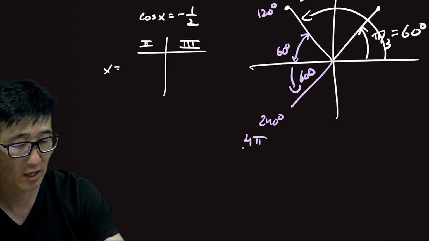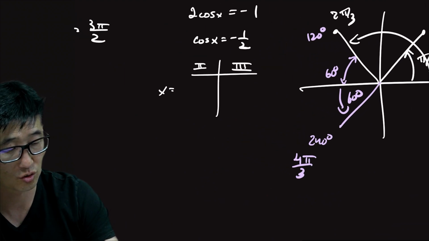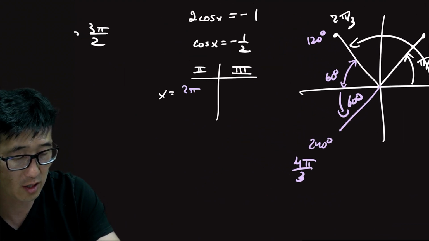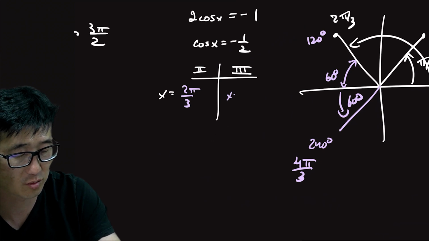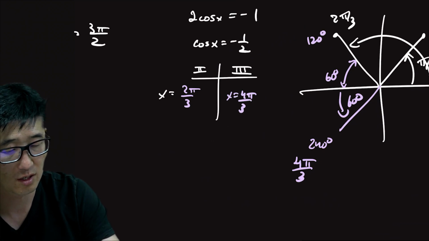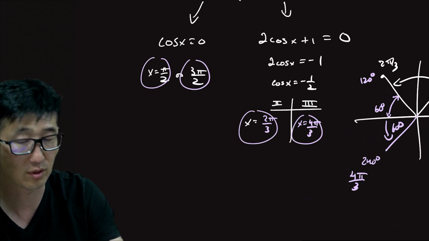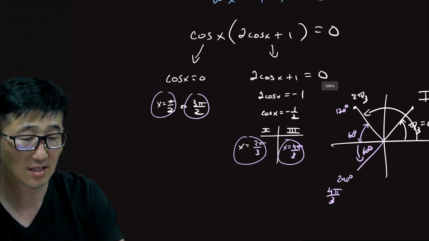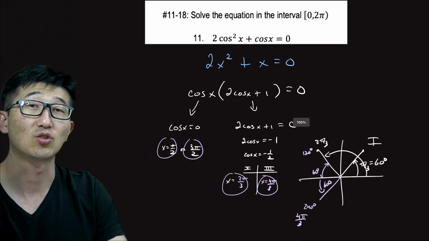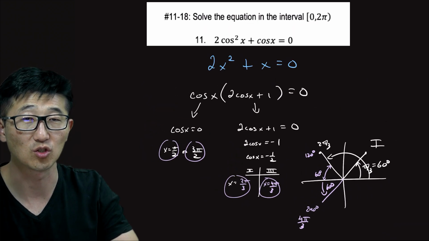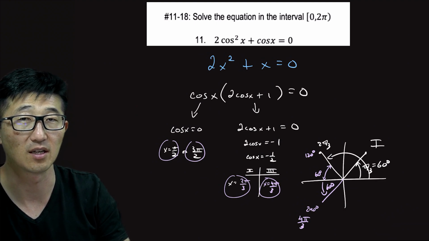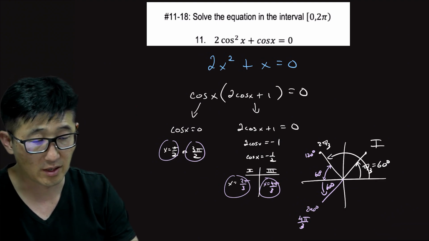So this is 4 pi over 3. In quadrant 2, it'll be 2 pi over 3. In quadrant 3, it'll be 4 pi over 3. So you'll actually have 4 answers. Okay. So yes, you do have to go back to that unit circle situation again. All right, time's almost up.